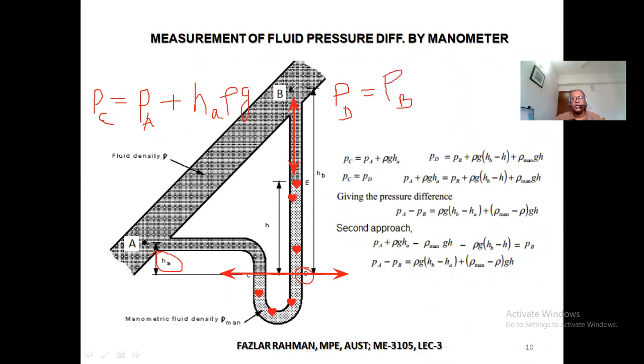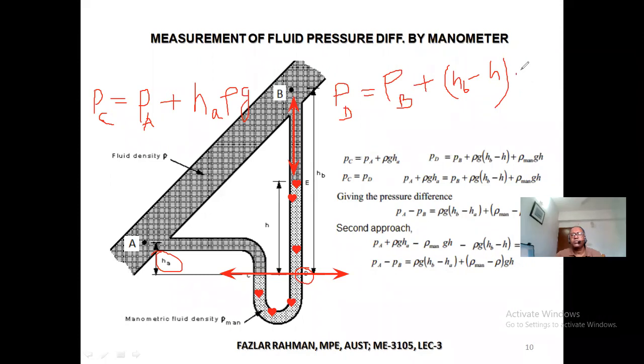Then you come from point B to E, so it will be positive. How much is the height? HB minus H, into rho G. Now, where did you come to?